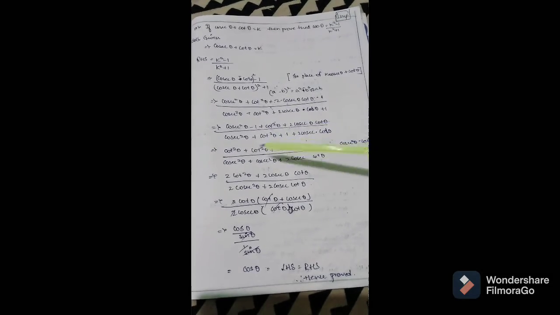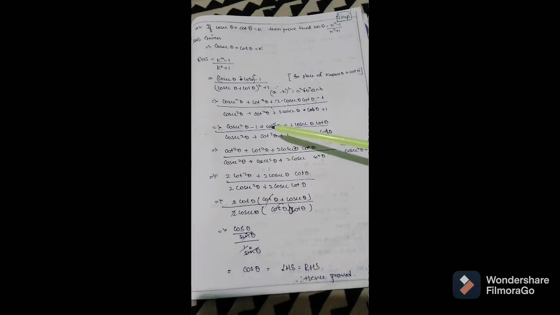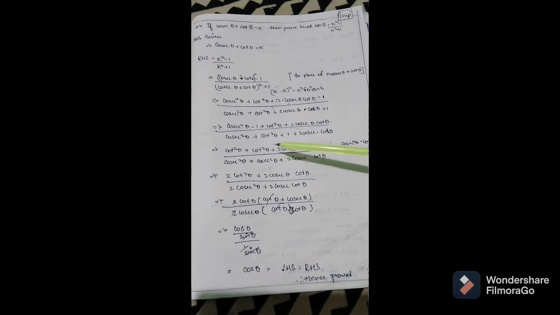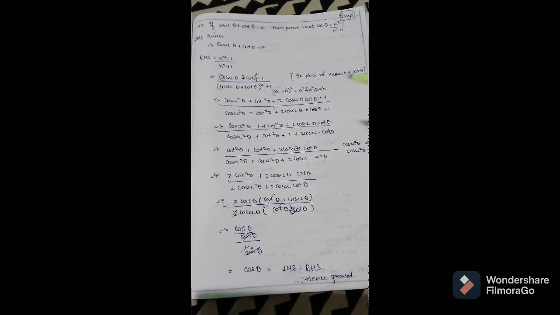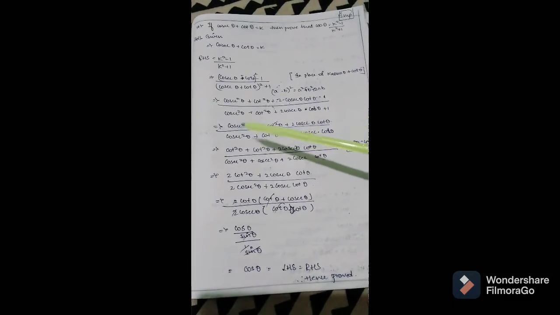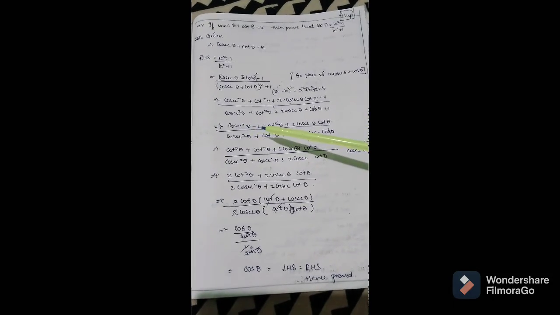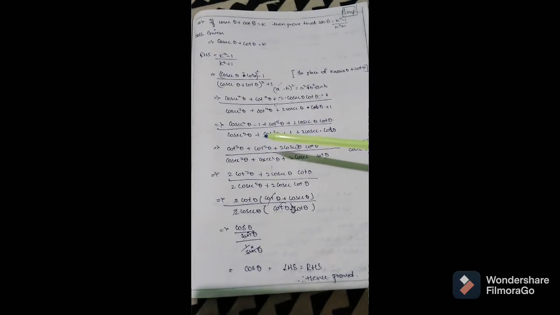So when we rearrange this, we'll get cosecant square theta minus 1 plus cot square theta plus 2 into cosecant theta into cot theta, by cosecant square theta plus cot square theta plus 1 plus 2 into cosecant theta into cot theta. So when we simplify this, we know cosecant square theta minus 1 is equal to cot square theta. This is also an identity of the trigonometry chapter.